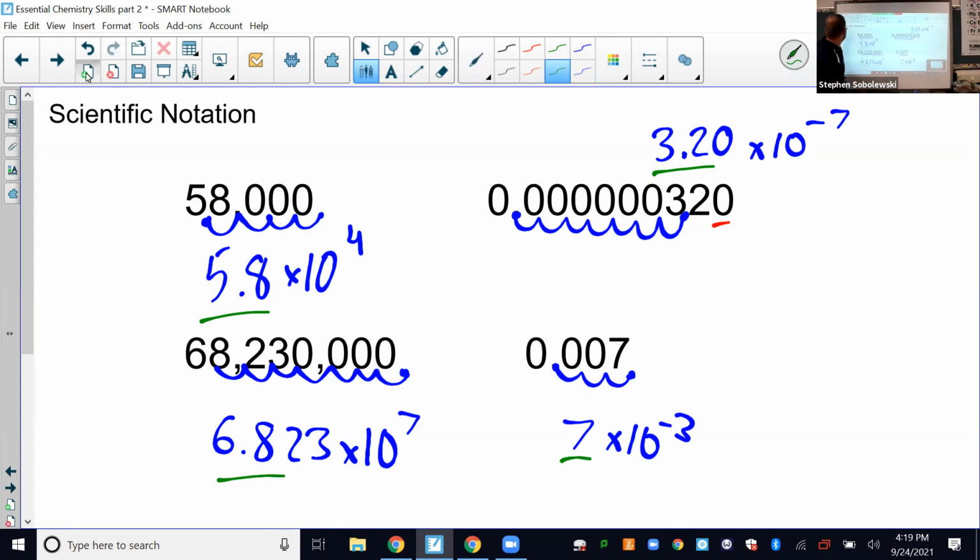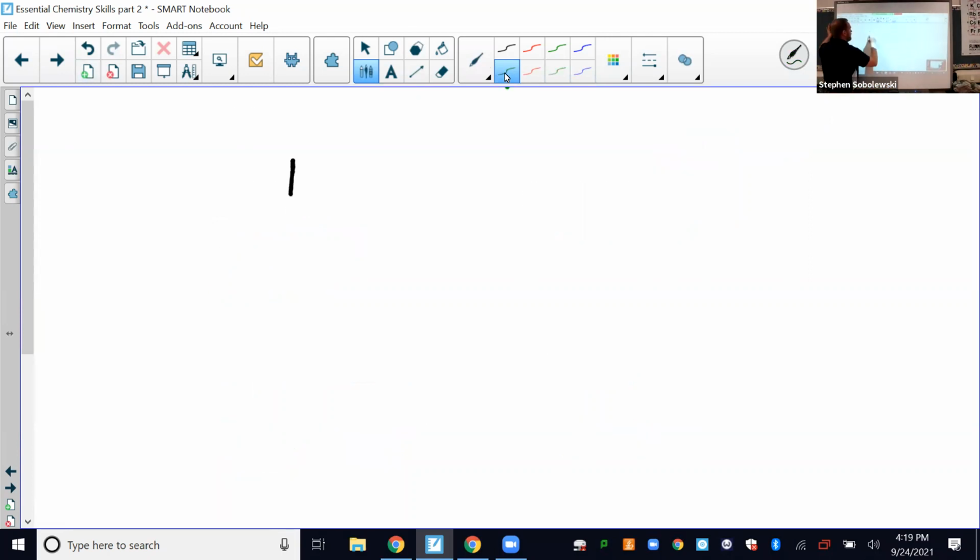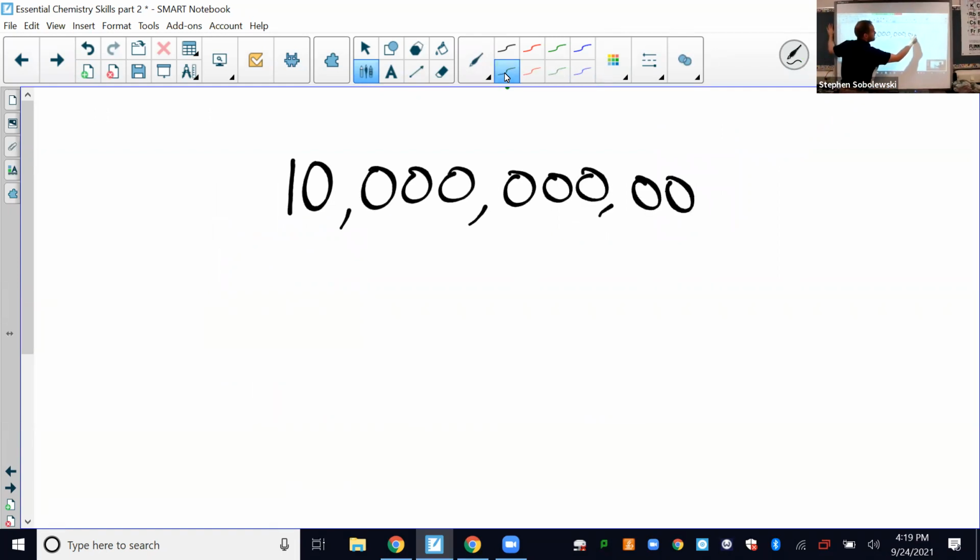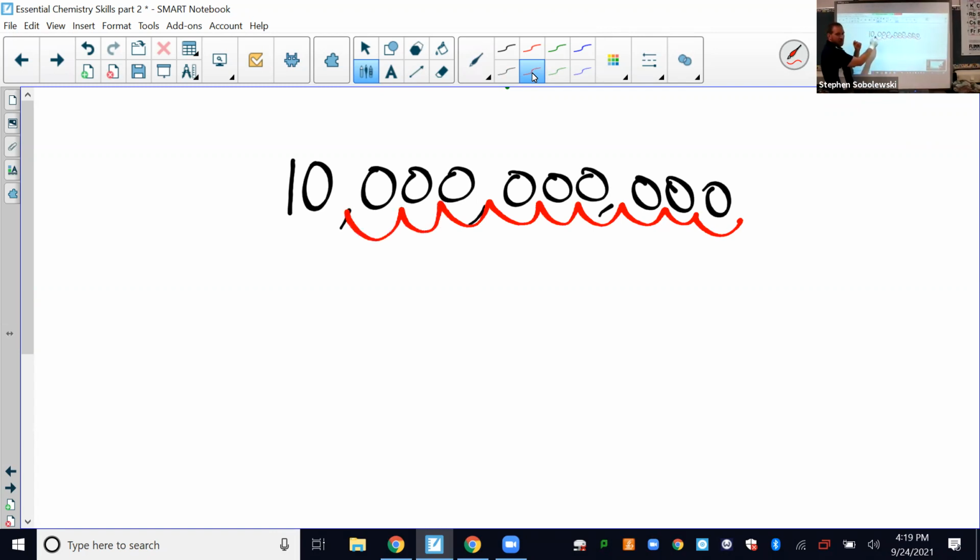So that being said, what if you have 10 billion of something and you want that in scientific notation? 1, 2, 3, 4, 5, 6, 7, 8. Now, do I go 9 and stop here, or do I go 10 and stop here? Oh, too far, sorry.